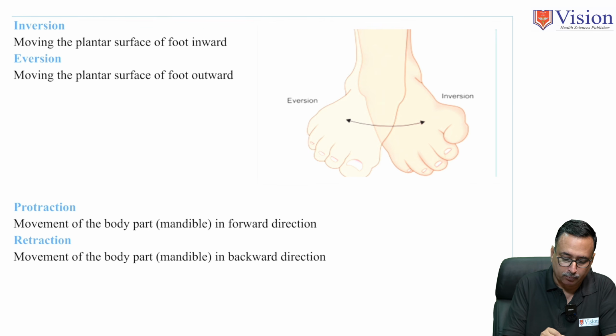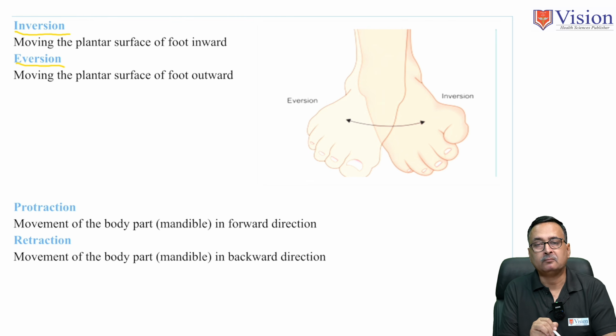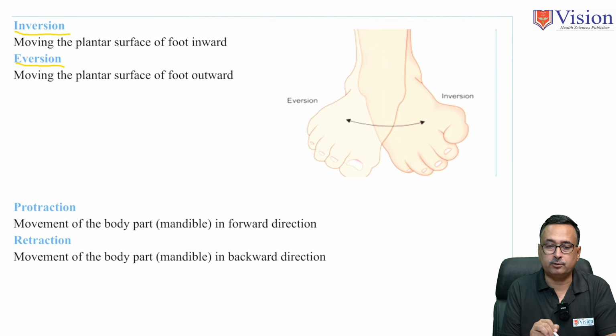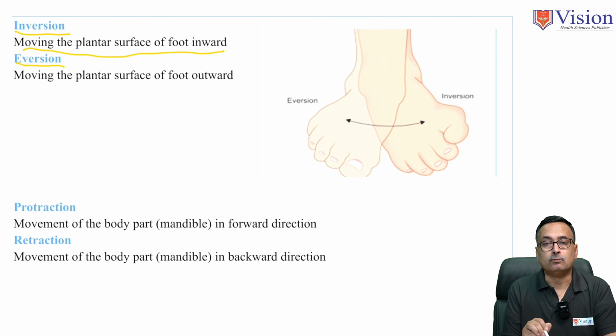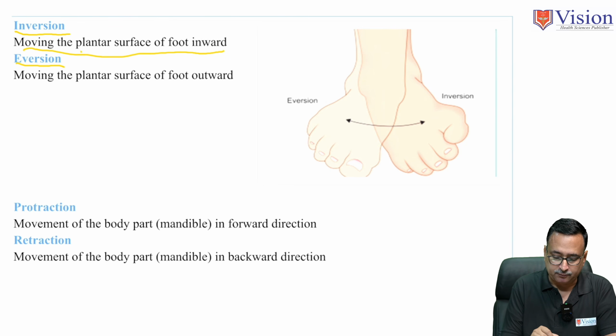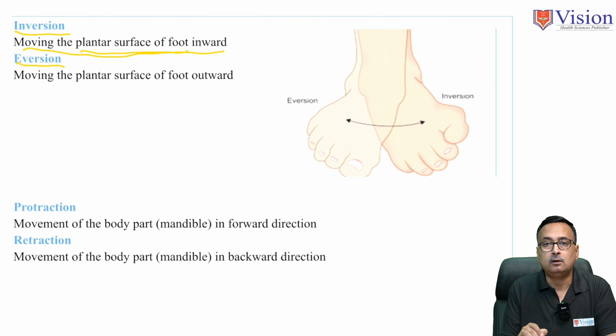Another two types of movements are inversion and eversion. These are also movements of the foot. During inversion, the foot moves in such a way that the plantar surface of the foot faces the opposite leg.